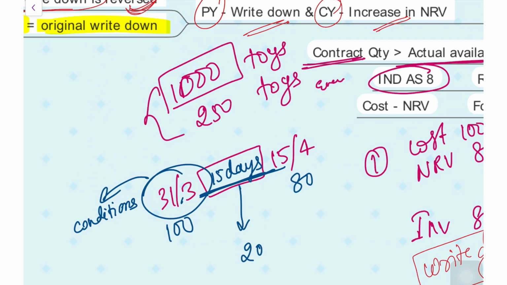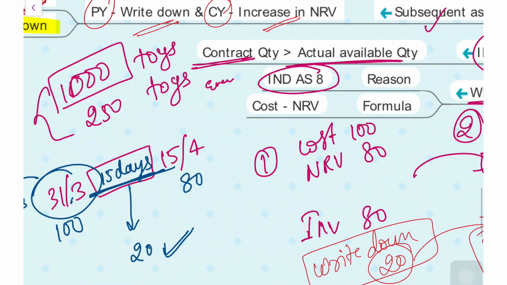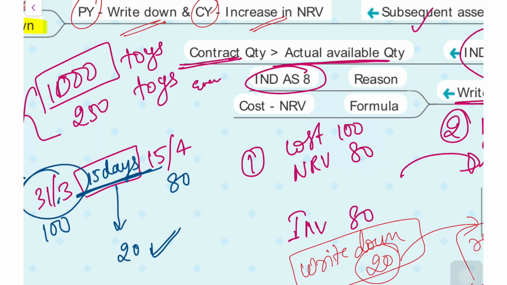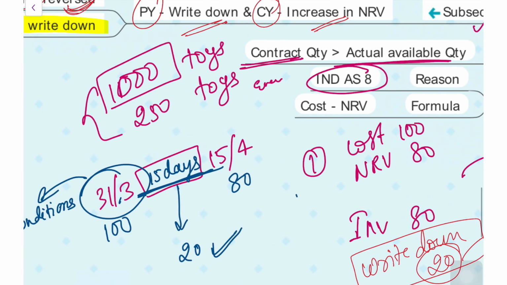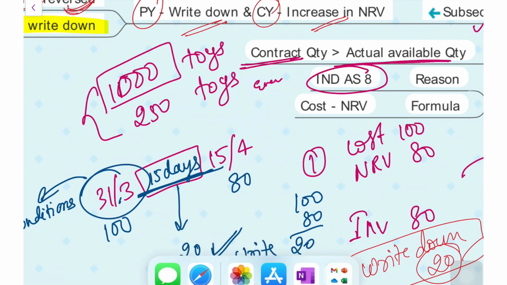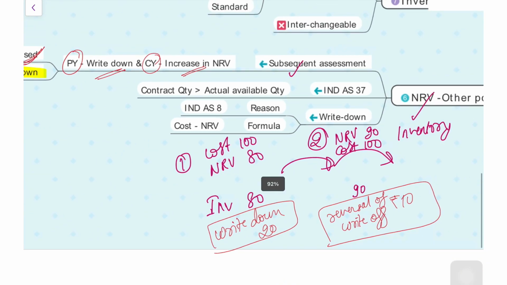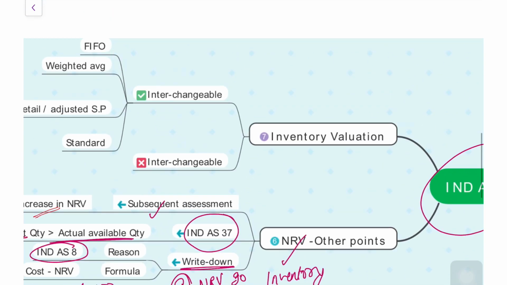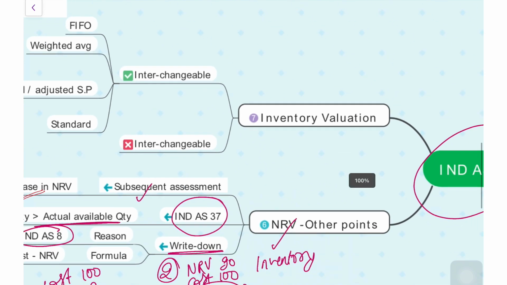If there was any condition on the balance sheet date itself due to which after the balance sheet date but before your signing of financials the value went down, then in such case you can account for this and you can reduce your value. You can write down your value accordingly. So from 100 to 80 you can bring it and 20 you can write down. If the condition was not existing on your balance sheet date or before that, then you need not write it down. Okay, yes. So I hope you understood the other points related to net realizable value.